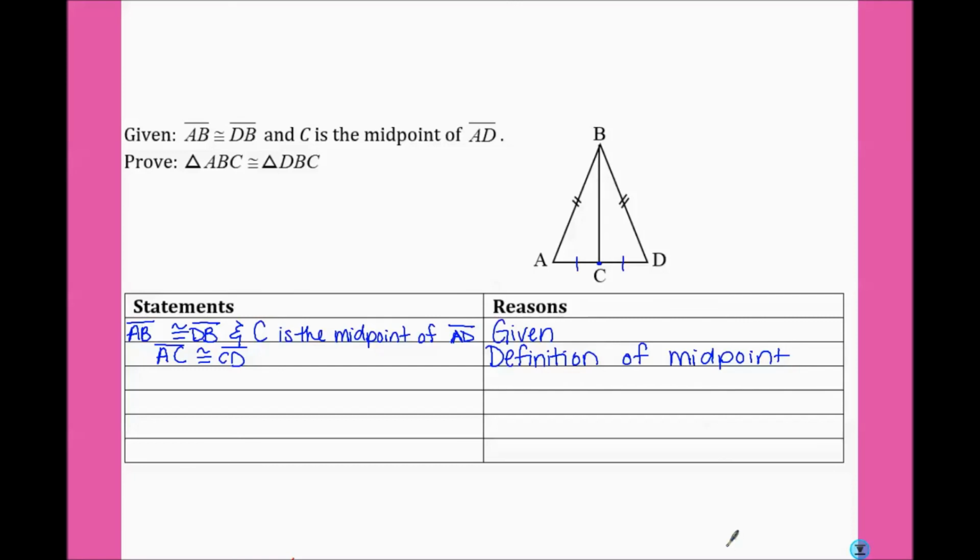Now, what else in this picture do we know that might be congruent? Well, both triangles share the side BC, so we also know that that's congruent. BC is congruent to BC. And what helps us determine that? That's our reflexive property again.